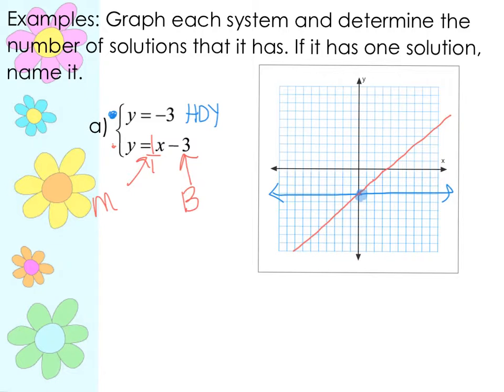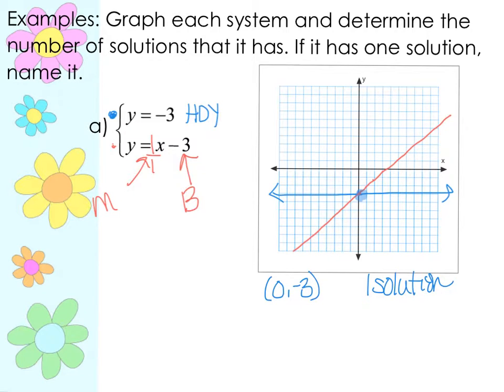So that ordered pair is 0, negative 3. And since our lines intersect, this means there is exactly one solution. So basically you're graphing the 2 lines, telling me where they intersect, if they do, and that it has one solution. If they don't intersect, no solution or infinite solutions.